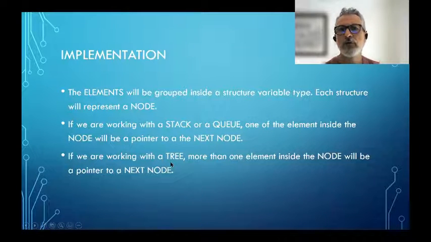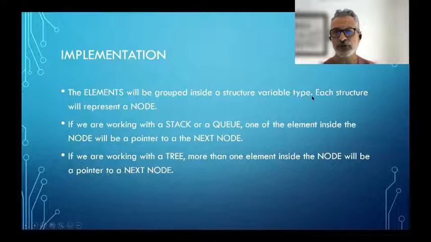Implementation. How are we going to implement a linked list? Okay, the elements, the variables inside the nodes, are going to be grouped inside a structure variable. We'll create a structure. Inside the structure, we'll declare the variables we want to store, and each structure is going to be our node.